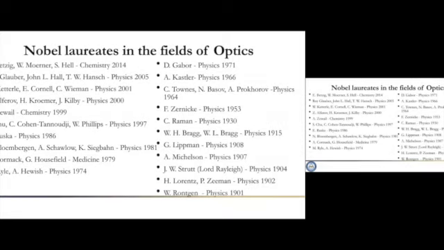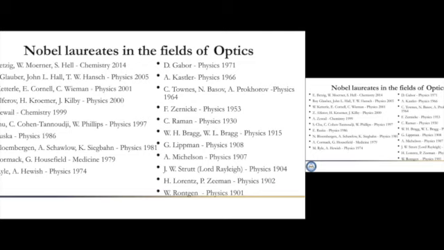Continuing on with the history of the field of optics, in the 20th century and the 21st, there have been many Nobel Prizes awarded to the field of optics, which includes visible optics, but also things like X-ray optics, starting with the discovery of X-rays by Roentgen in 1901.